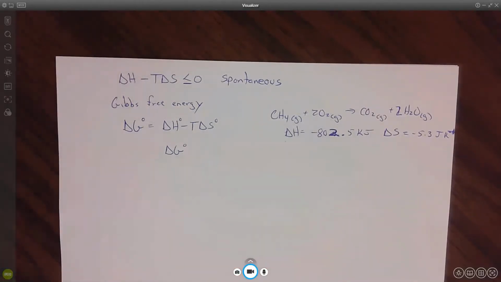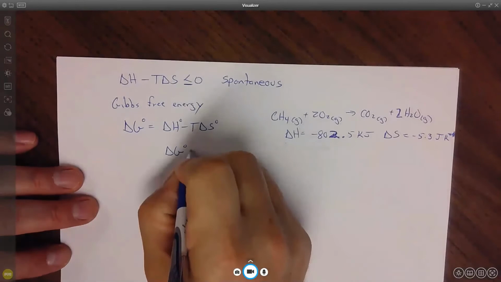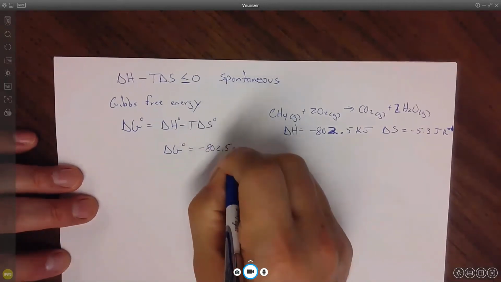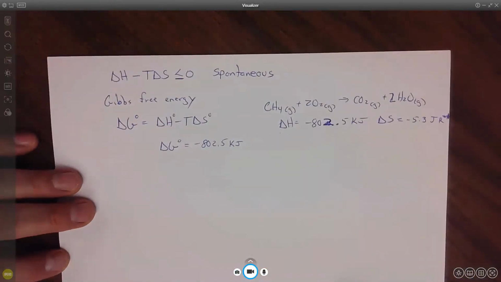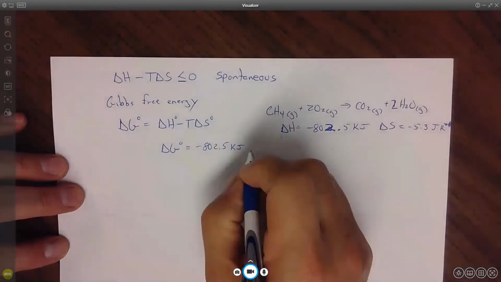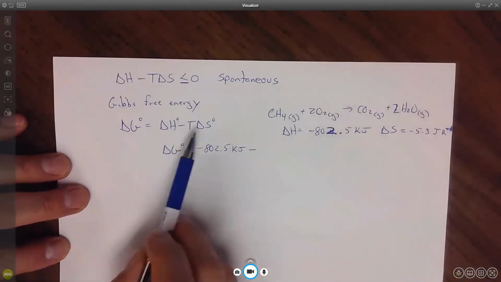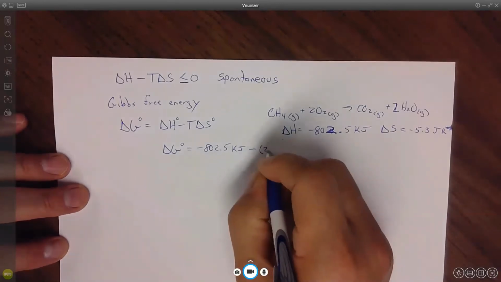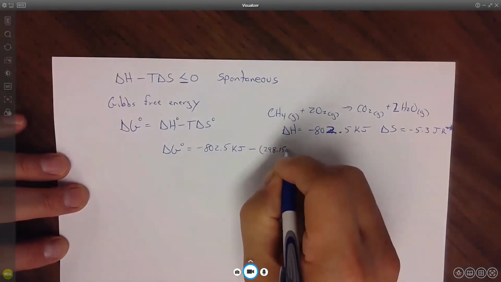So in this case, then del G is going to be equal to negative 802.5 kilojoules. We're going to subtract from that the absolute temperature. Now, since we're talking about standard conditions, that's 25 degrees Celsius, or 298.15 Kelvin, right?